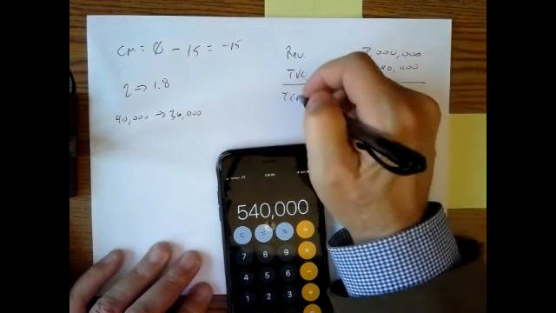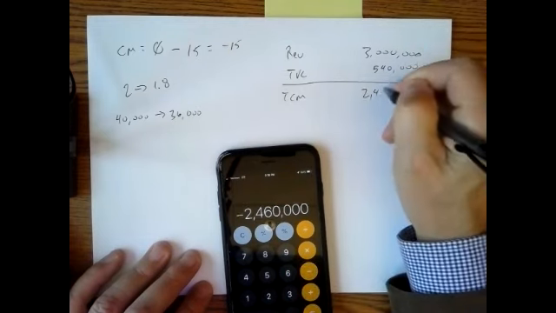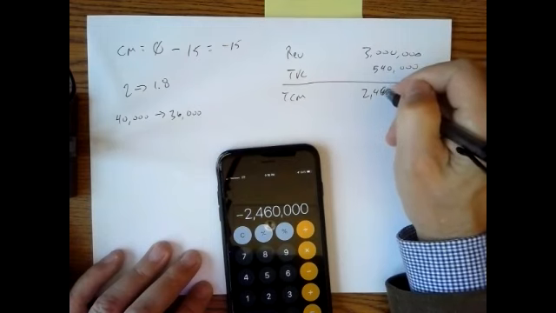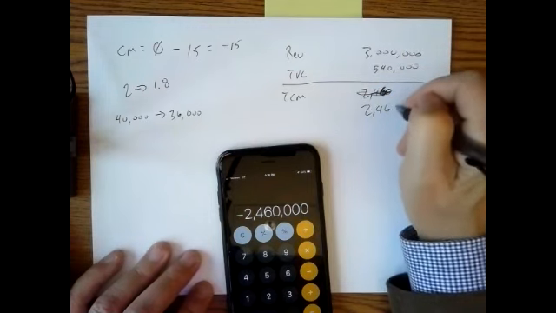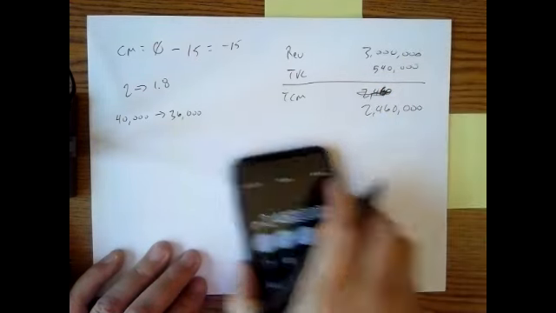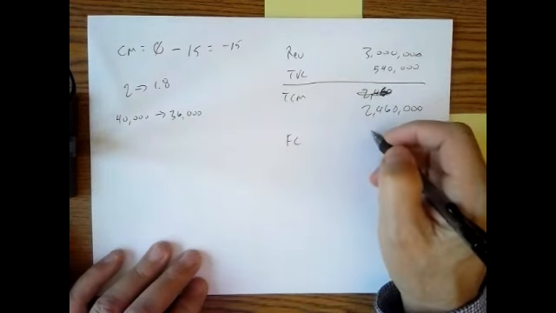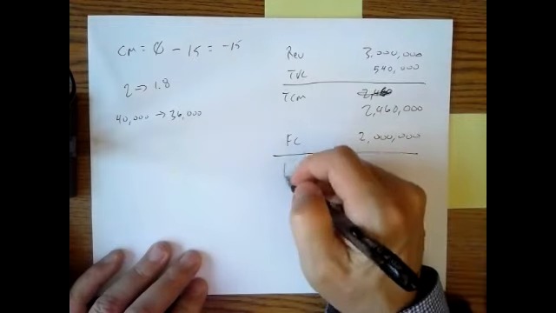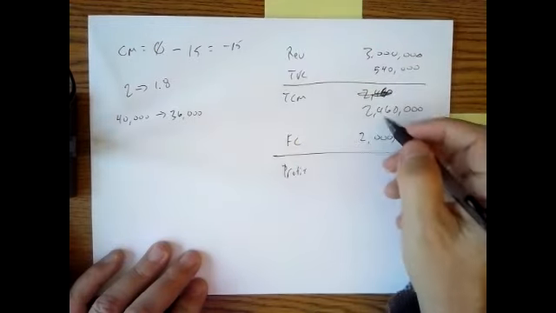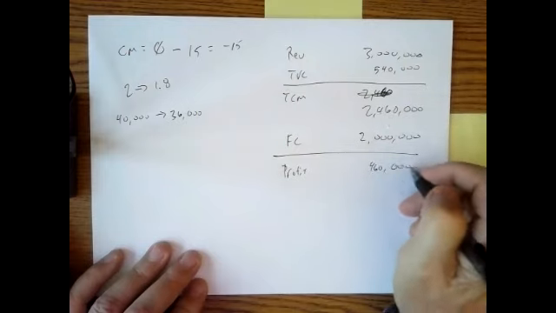So our total contribution margin is 2,460,000. Our fixed costs haven't changed. They're still 2 million. And so our profit is 2.46 million minus 2 million, or 460,000.